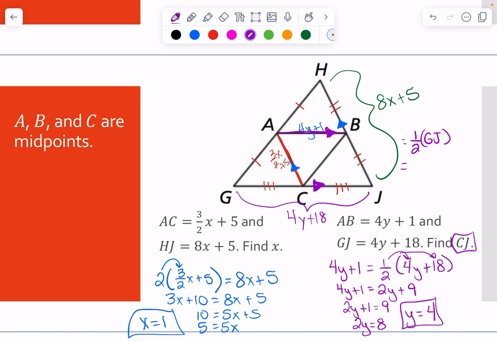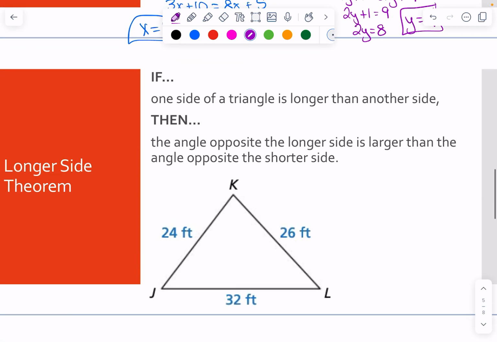So that's going to give me 1/2 of 4 times 4 plus 18. So that will be half of 16 plus 18, which is 34. So that means that CJ must equal 17. Okay, so that's how we use that.